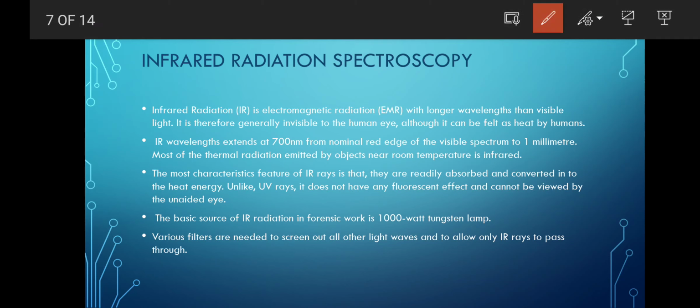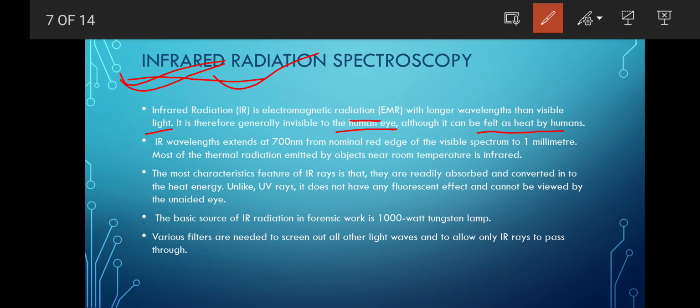So next, moving on to infrared radiation, that is IR spectroscopy. IR is electromagnetic radiation with a longer wavelength than visible light, so it is generally invisible to the human eye, although it can be felt as heat. The sun gives us IR radiation in the form of heat, which we can feel.